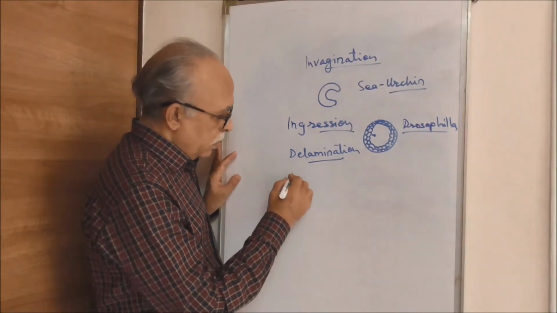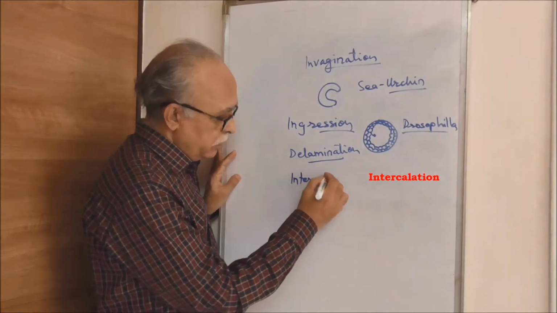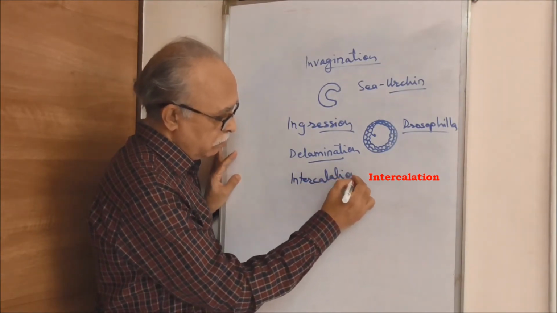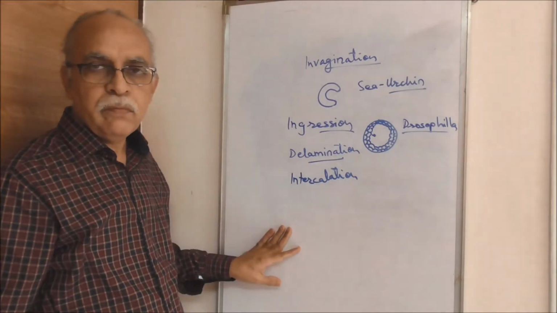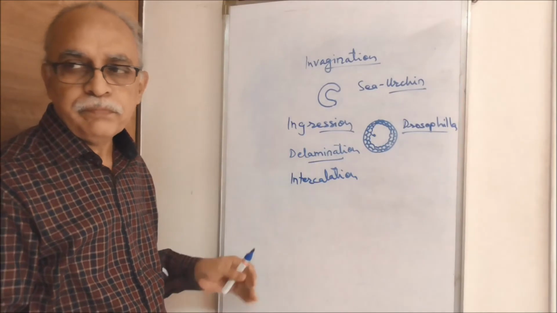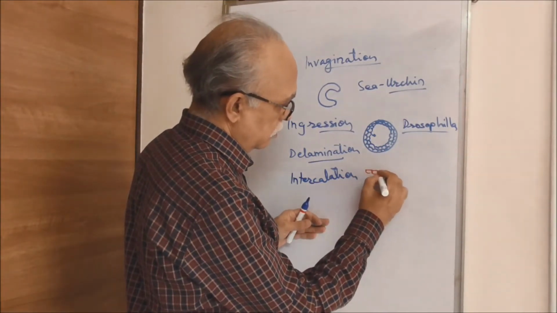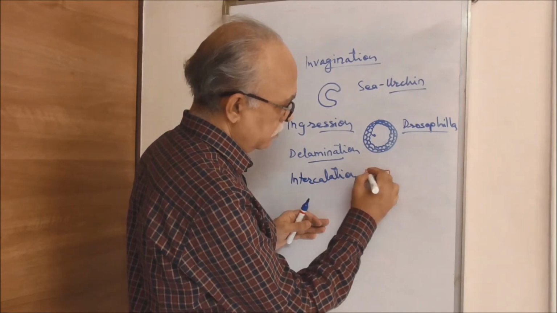There's one more way in which the layer can elongate. It's called intercalation. What exactly does that mean? See, this is one layer of cells.